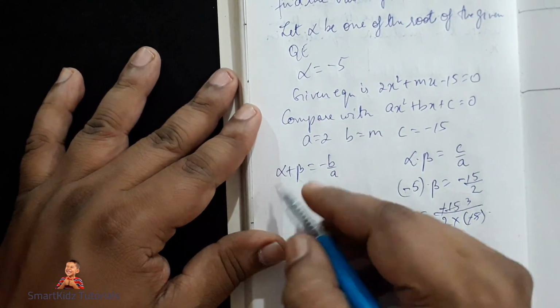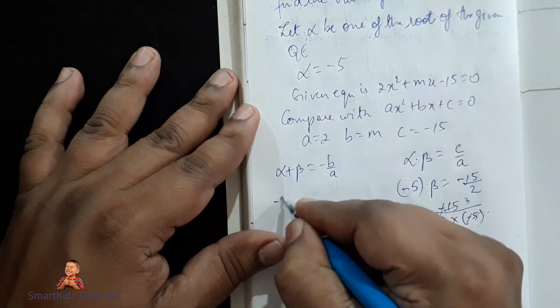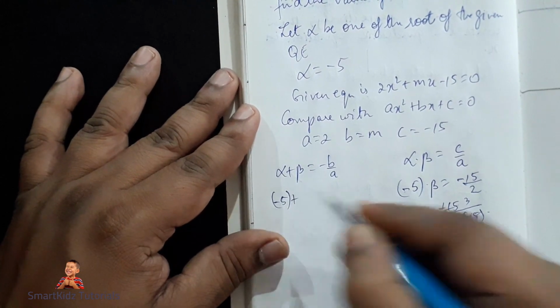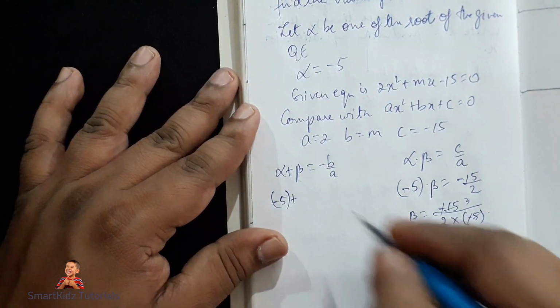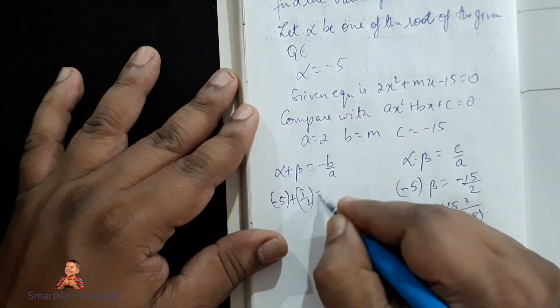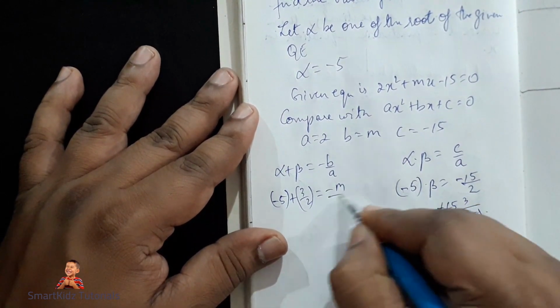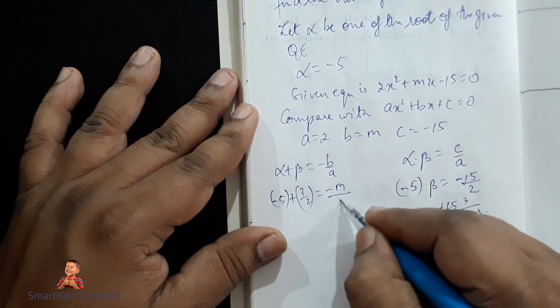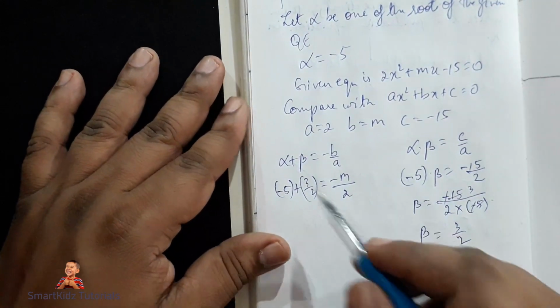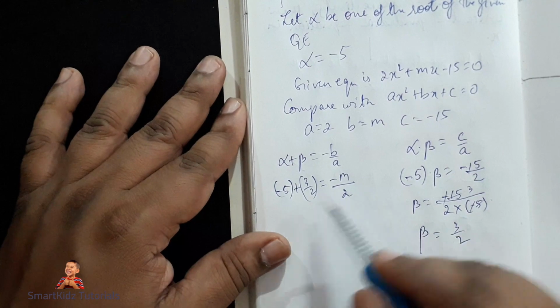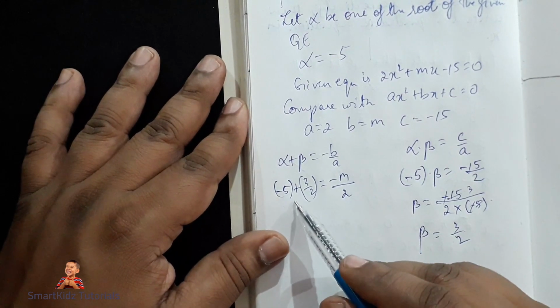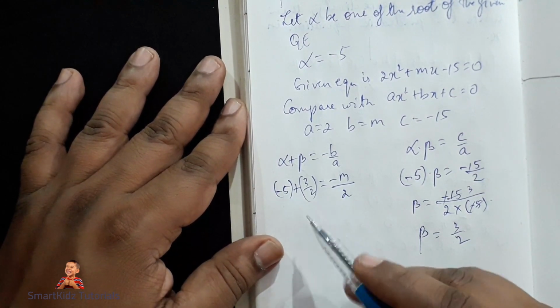So alpha is minus 5 plus beta we have got here as 3 upon 2 equal to minus b. B is m, so that would be minus m upon a, which is 2. Okay, so I'll keep this the way it is, and I'll make sure the denominator is same for both these numerators.